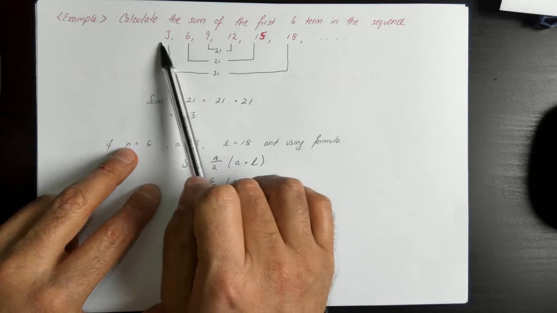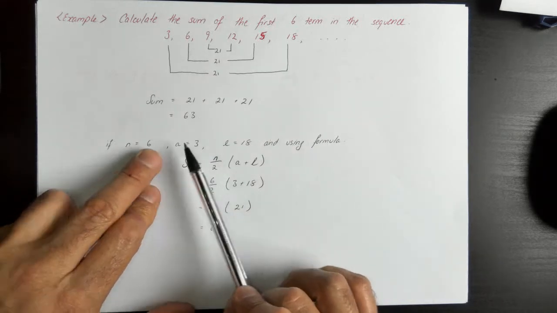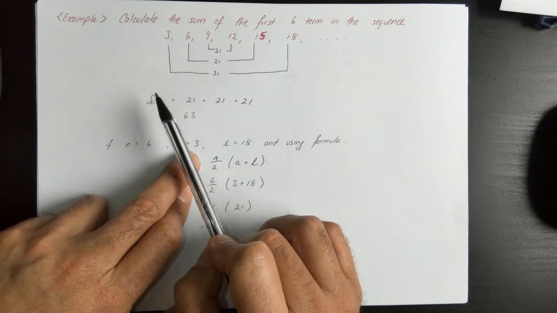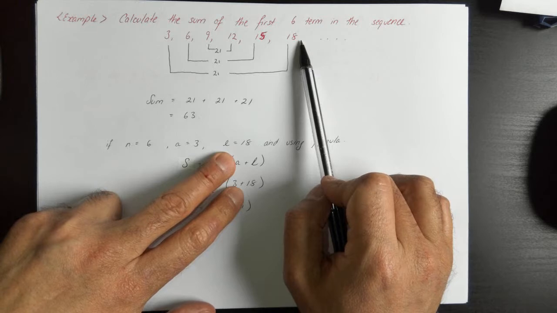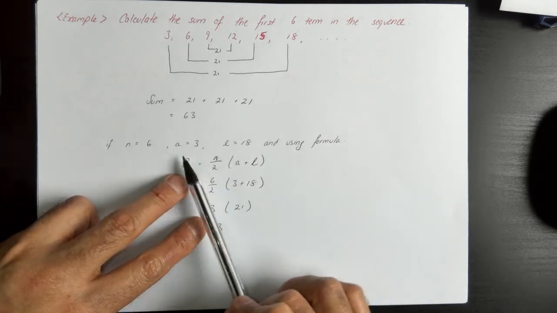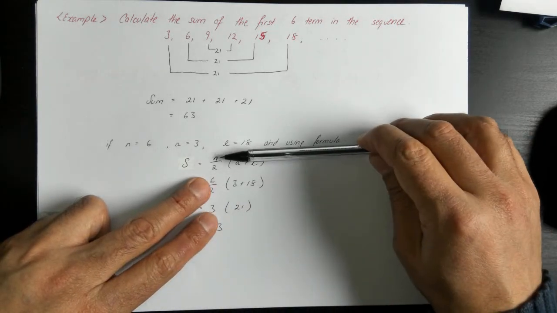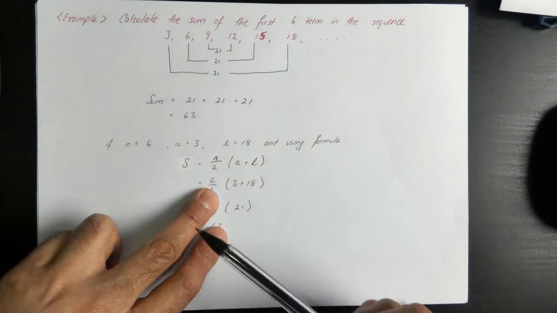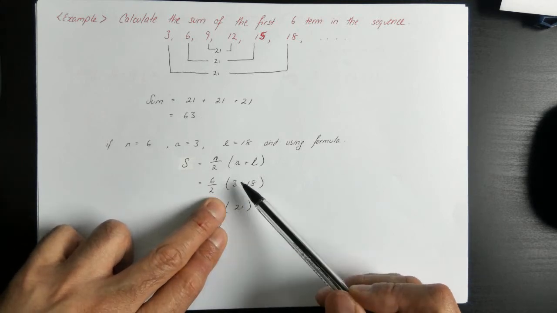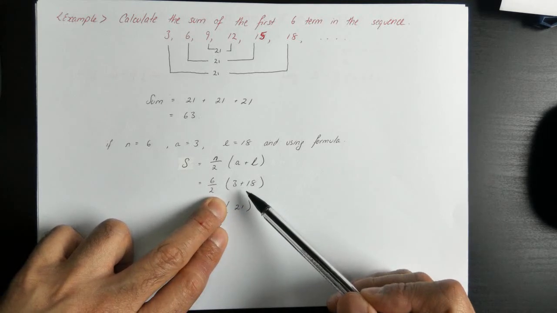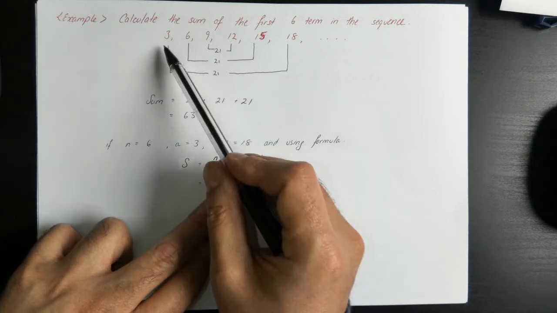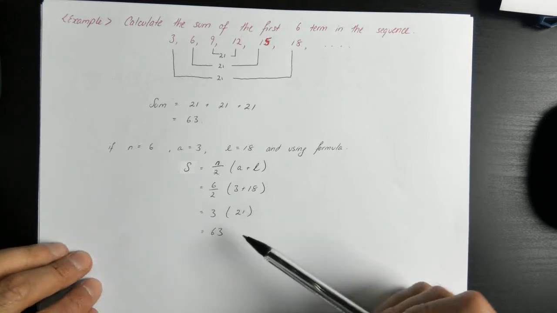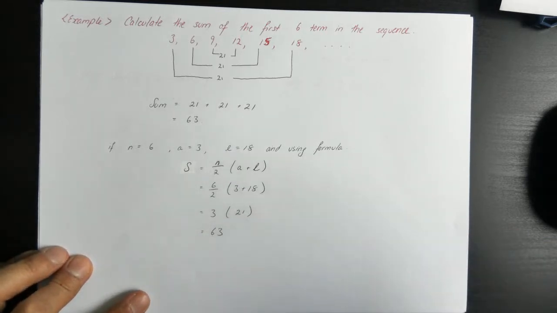So if I have 6 terms, so n equals 6, and a, the first term, is 3, and L, the last term, is 18, I can find the sum using this formula, n divided by 2 multiplied by a plus L. So n in this case is 6, 6 divided by 2 multiplied by the sum of the first and last term, 3 plus 18, which gives me 21. 3 lots of 21 is 63, which we calculated before.